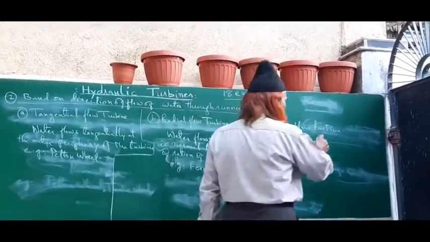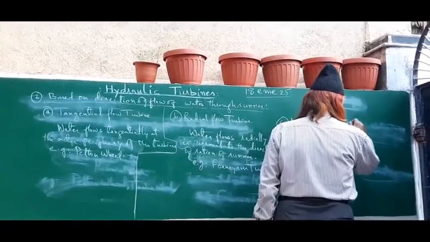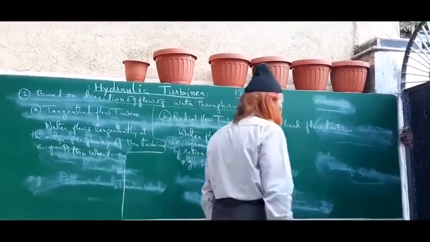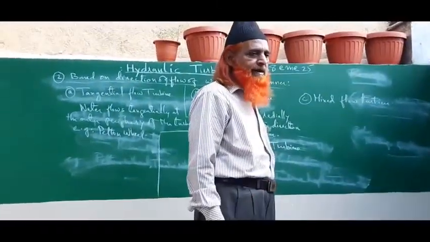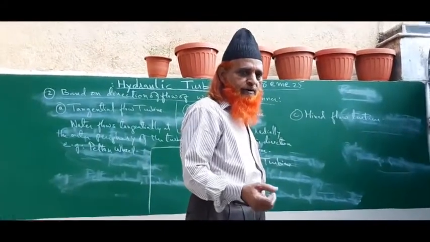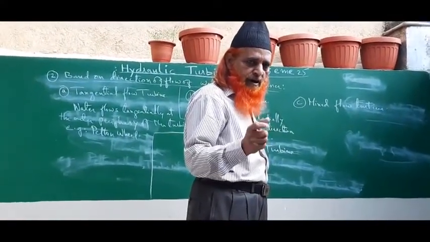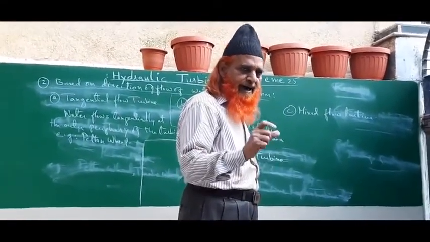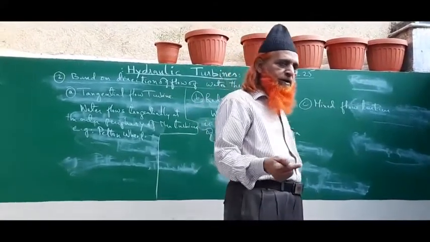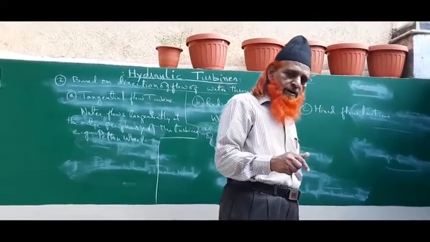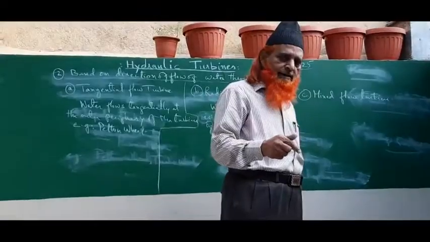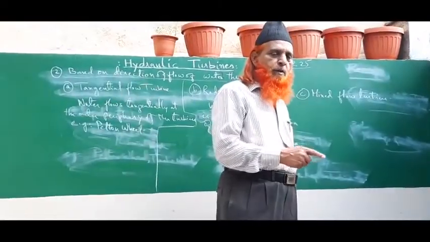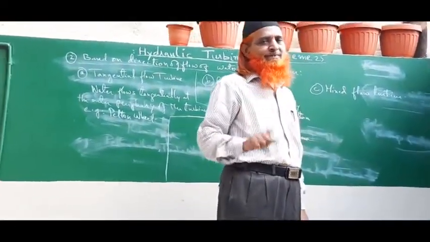In case of mixed flow turbine, we can say that the flow is a mix of radial flow and axial flow. That means the water is entering the turbine runner radially and leaves parallel to the axis of rotation.